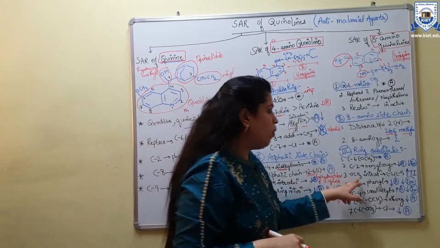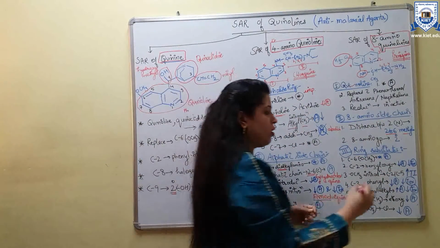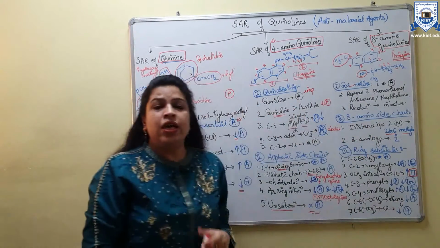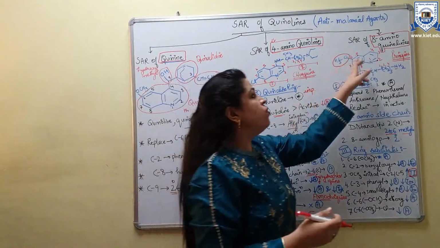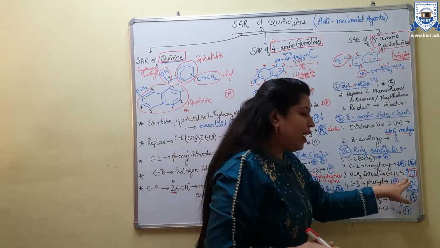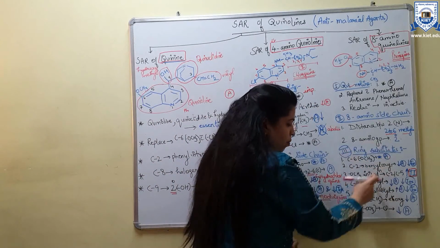If we add methoxy groups to them, then there is an increase in the therapeutic index. TI means therapeutic index, which is increased if we introduce a methoxy group at C2 or at C5 position of this quinoline ring.